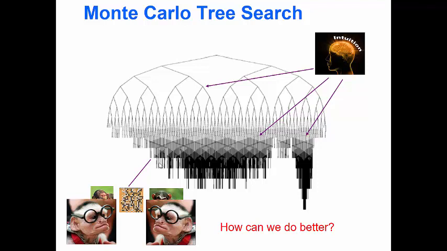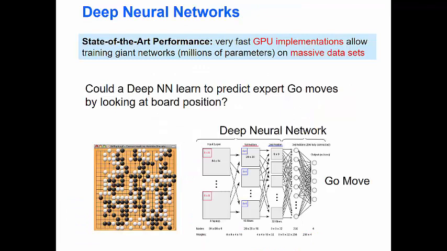And around that time, lots of progress was being made in deep learning, deep networks doing really well on image recognition. So they were like, oh, maybe you could evaluate a Go board with a deep network. And that was just a conjecture. Who knows? It seems like a very different problem than recognizing a cat. But it turned out that with these deep networks, you were able to do it.